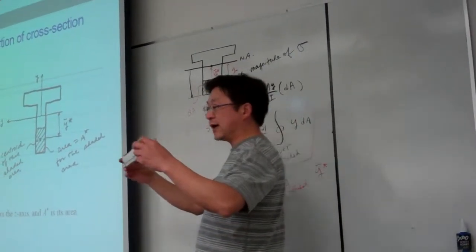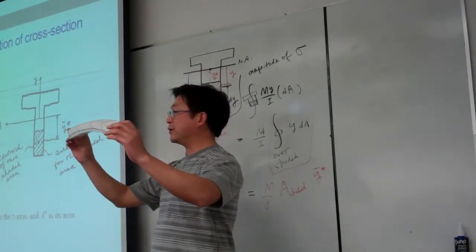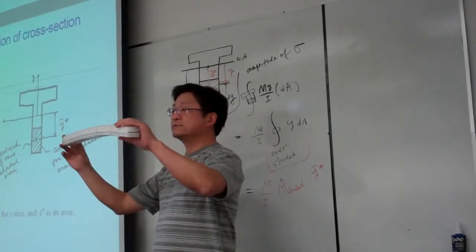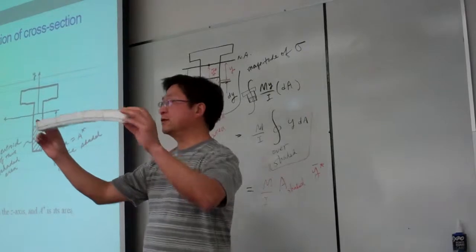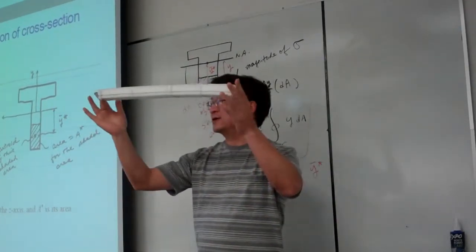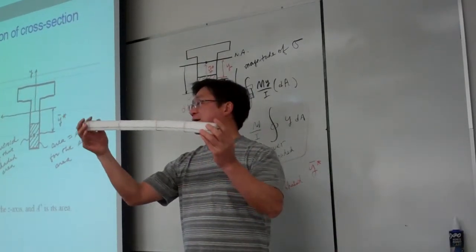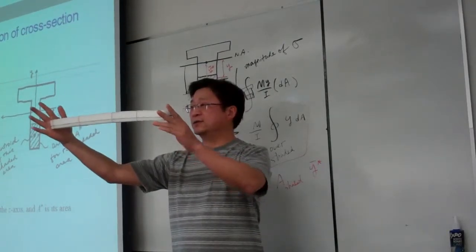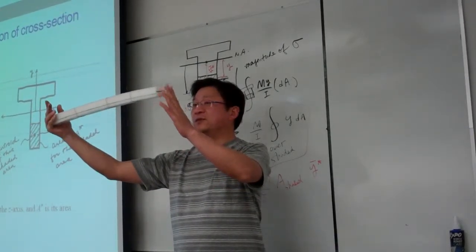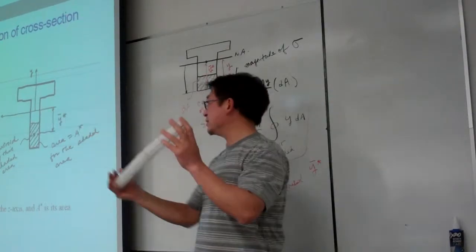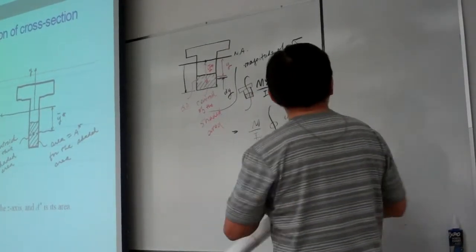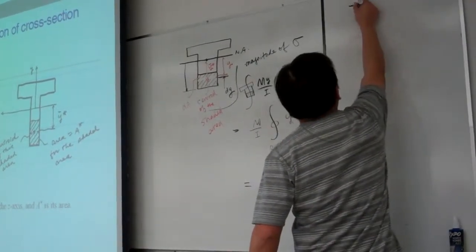For example, here I have done something on my bar, so you can say I cut off something. So if this bar is cantilevered at this end, and now I apply the point loading here, this is the scenario.